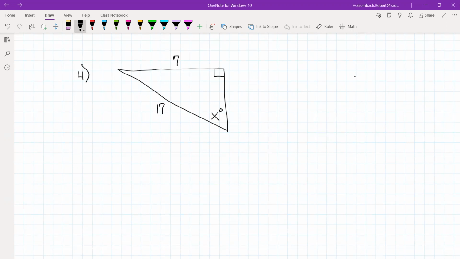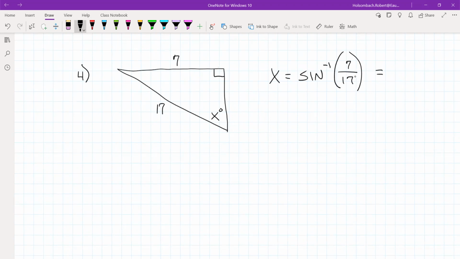In relation to the angle we're trying to find, we've got opposite and we've got hypotenuse. We're trying to find an angle measure, so we're using inverse sine of the opposite side, which is 7, over the hypotenuse, which is 17.